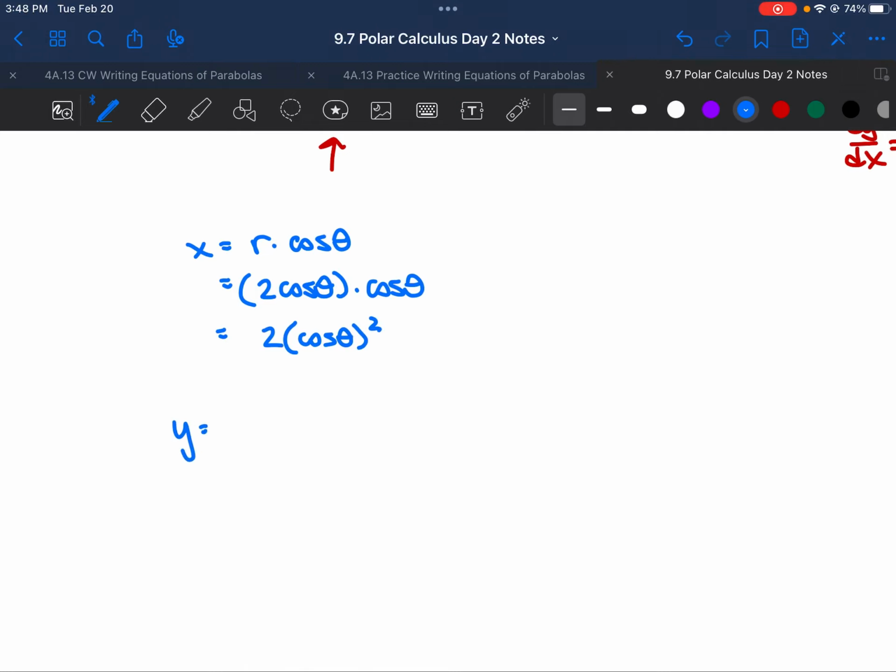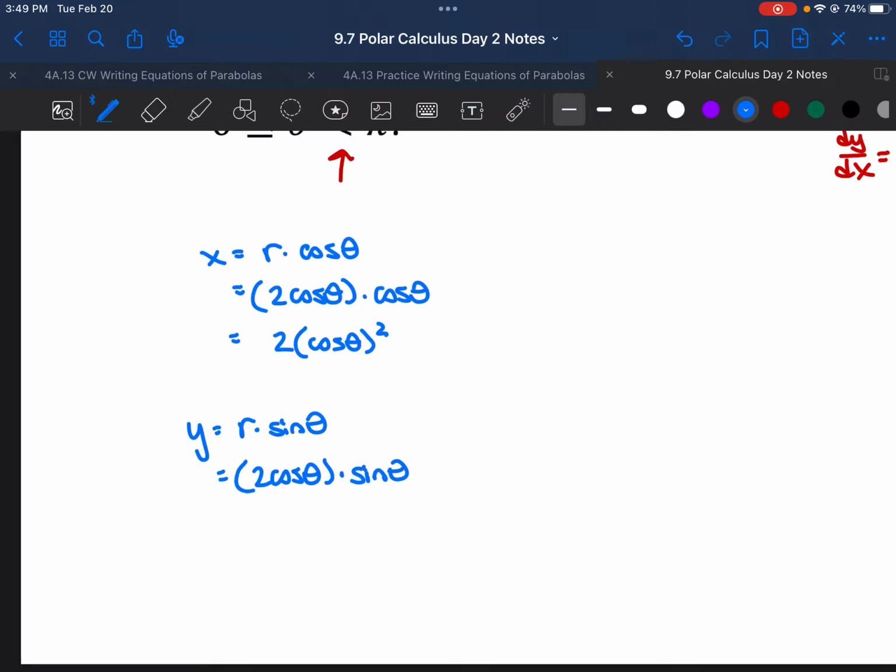Y, which is r times the sine of theta, well, again, we already know r is 2 cosine theta, so 2 cosine theta times sine theta. That's going to be our equation for y.